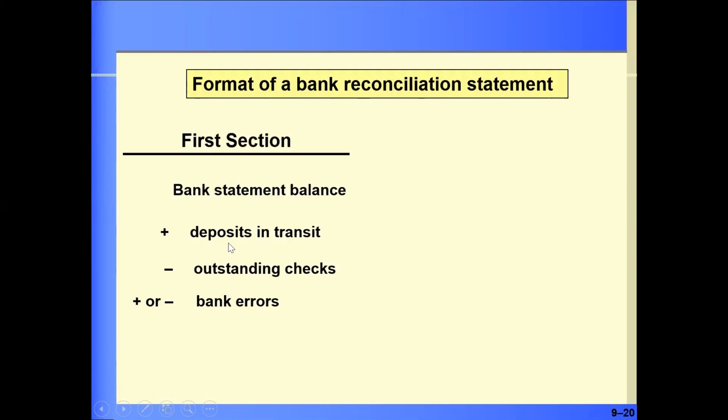Perhaps throughout the bank statement period of time, which ended on the 31st, you made a deposit on the 31st, and they don't have that deposit in their records yet. It's really going to be on the 1st for them. So that would be a deposit in transit.